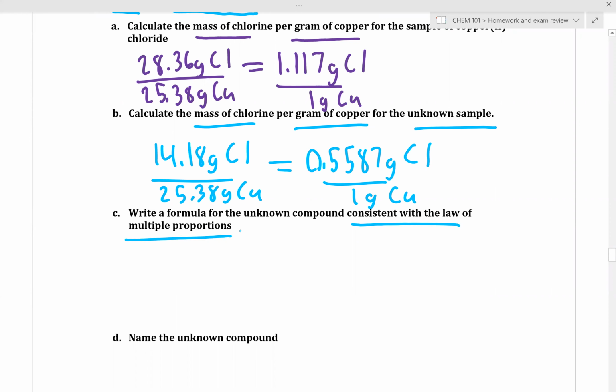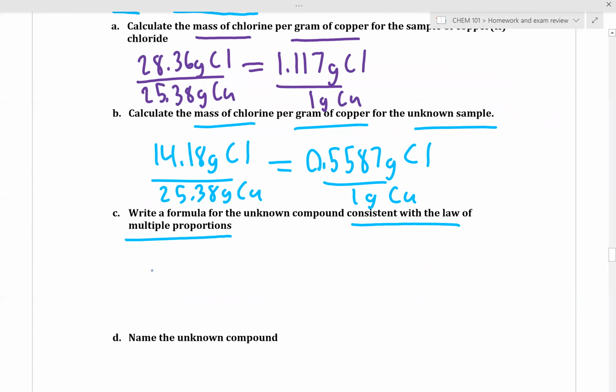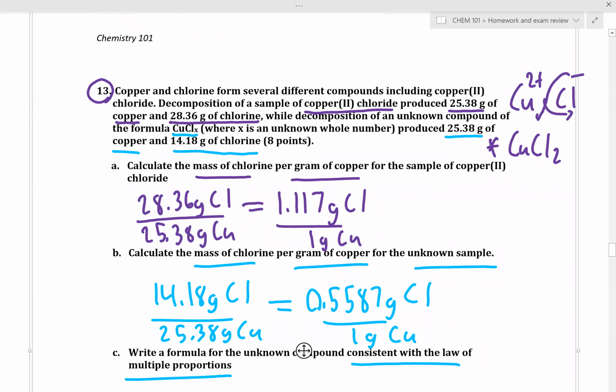Okay, so first and foremost, we know our mass of copper is fixed, right? And in our first case, so in our first formula, let's go all the way up here. In our first formula, we have how many chlorine atoms in copper(II) chloride?